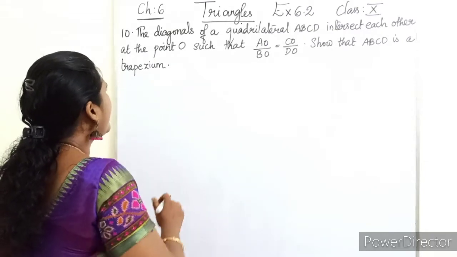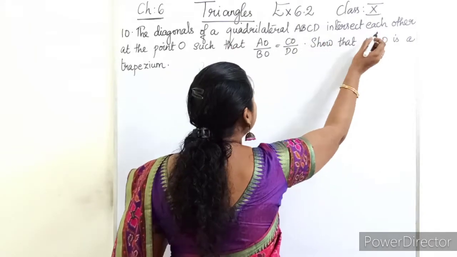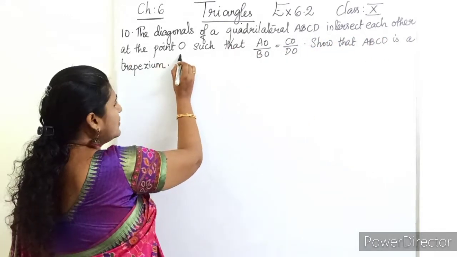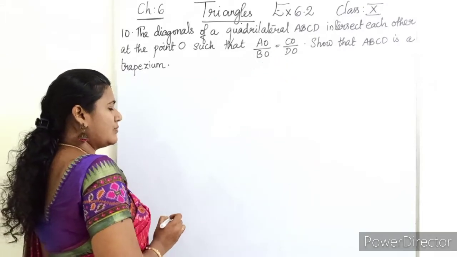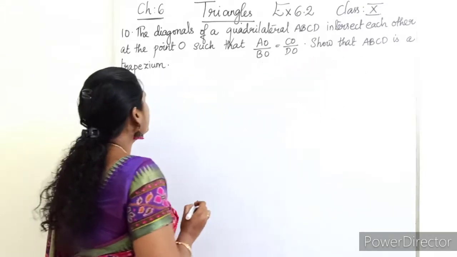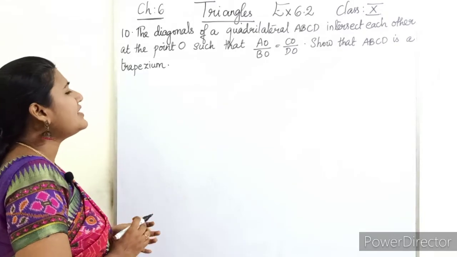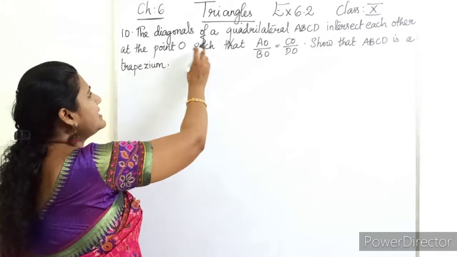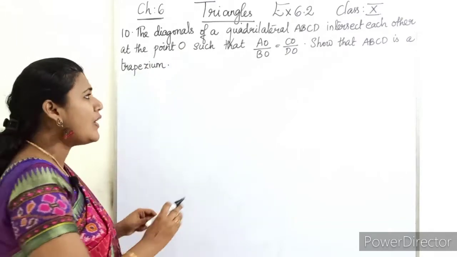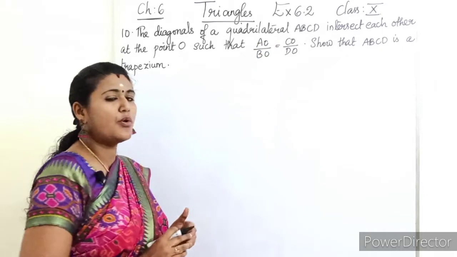Question number 10. The diagonals of a quadrilateral ABCD intersect each other at the point O such that AO by BO is equal to CO by DO. Show that ABCD is a trapezium. So this is the question. Here we have a quadrilateral ABCD in which the diagonals intersect at the point O, and this condition is also given: AO by BO is equal to CO by DO.